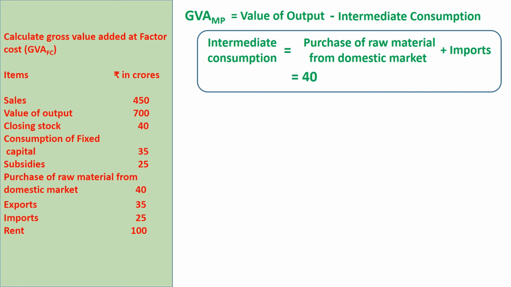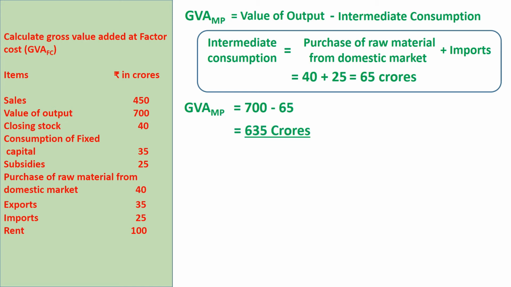That is 40 crores plus 25 crores, equal to 65 crores. Now GVA at market price is value of output, that is 700 crores, minus intermediate consumption, that is 65 crores, equal to 635 crores.